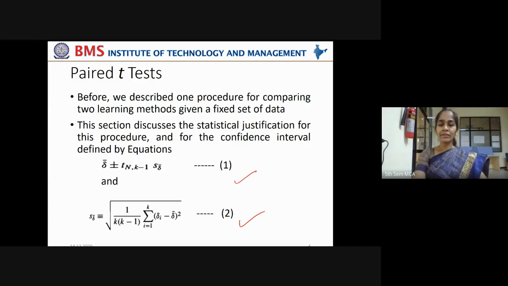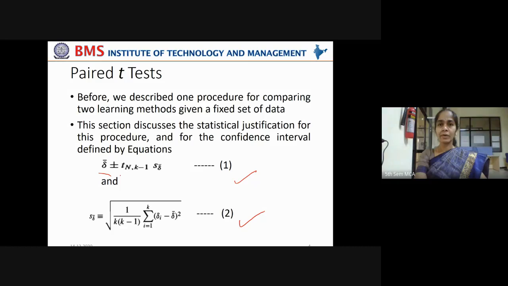Now, what are the two equations for the confidence interval we have considered? The first one is delta bar plus or minus t_{N,k-1} S delta bar. You remember all these terms I have explained in the last video. Delta bar is the mean of all the errors across the k partitions you have done.